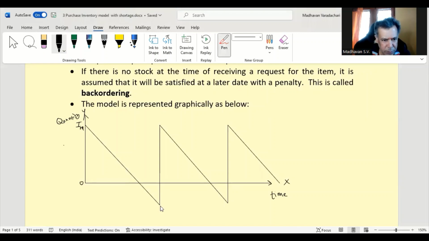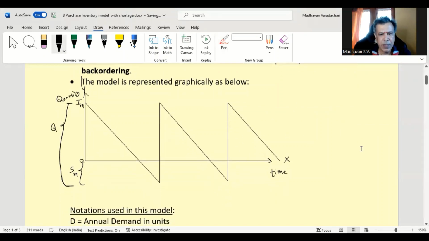This particular point is the shortage quantity. I will say maximum shortage, s suffix m. From here, the maximum inventory quantity till this point plus the maximum shortage is the quantity you are planning to order.